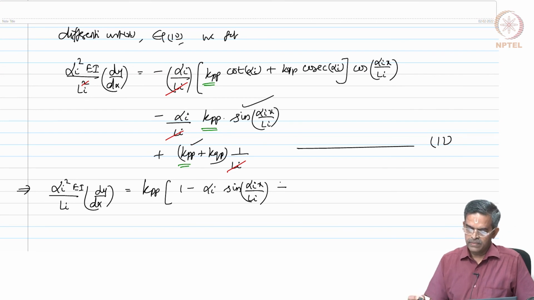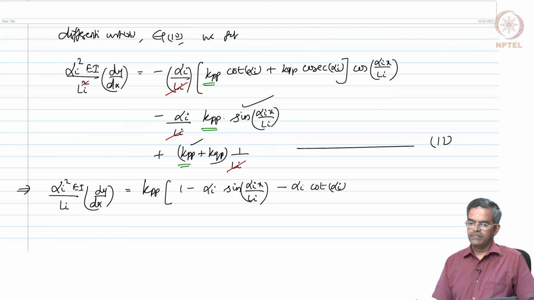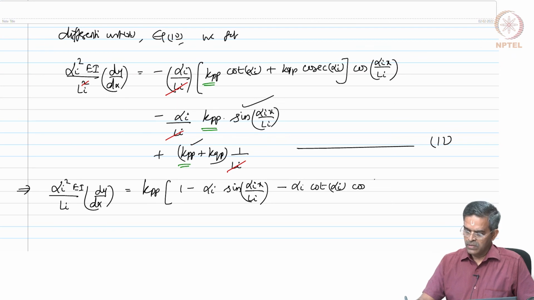okay, minus alpha I times of cot alpha I of cos alpha I x by Li. That is my KPP.